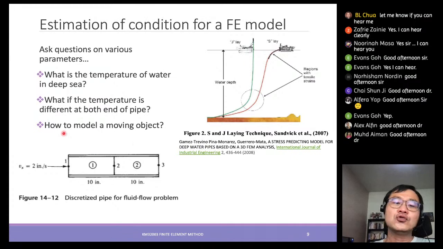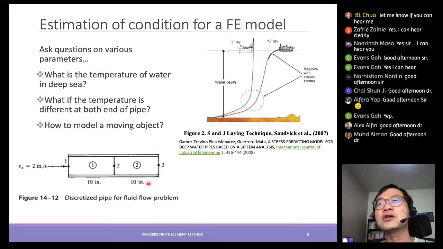Next would be, how should you model a moving object? For example, you have an aeroplane with a blade which keeps moving or rotating, but in the computer system, nothing is moving. You draw an object, you may draw a pipe, and you say this pipe is moving up and down, shaking.